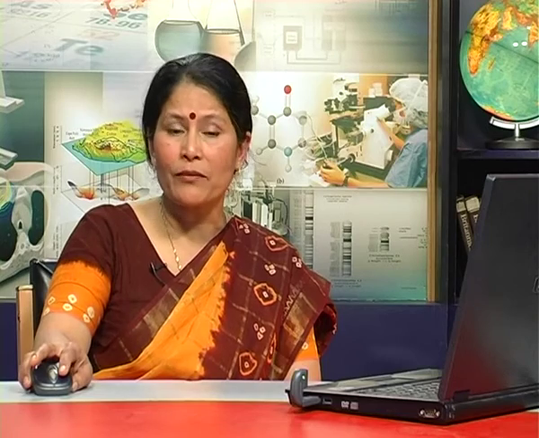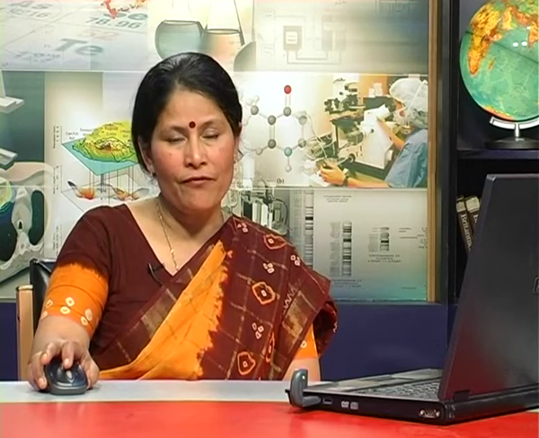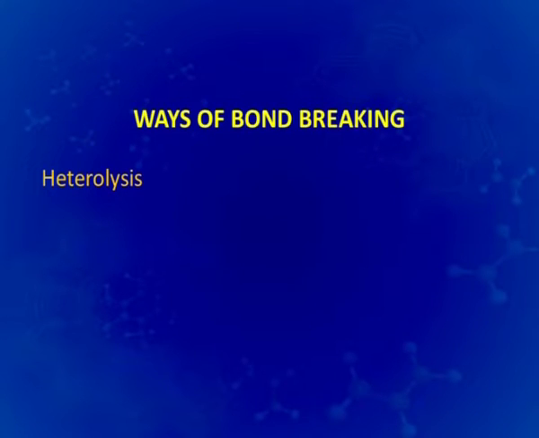Bond making is not a problem, but we have to see how the bond breaking takes place. What are the ways in which the bond breaks? There are generally two ways of bond breaking. One is heterolysis. What is heterolysis?